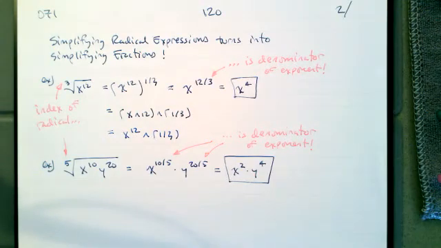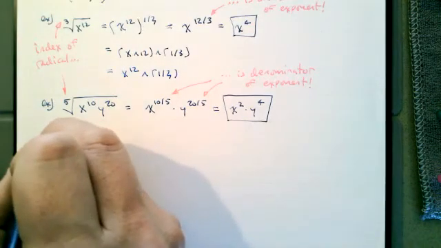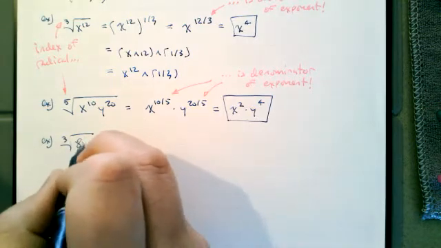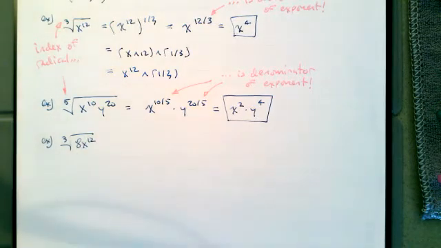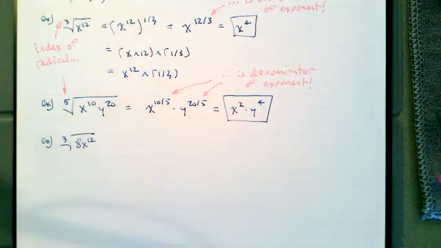We might be mixing some coefficients in here. So we might see an expression like the cube root of 8x to the 12. And here the radical bar extends over the 8 and the x to the 12.